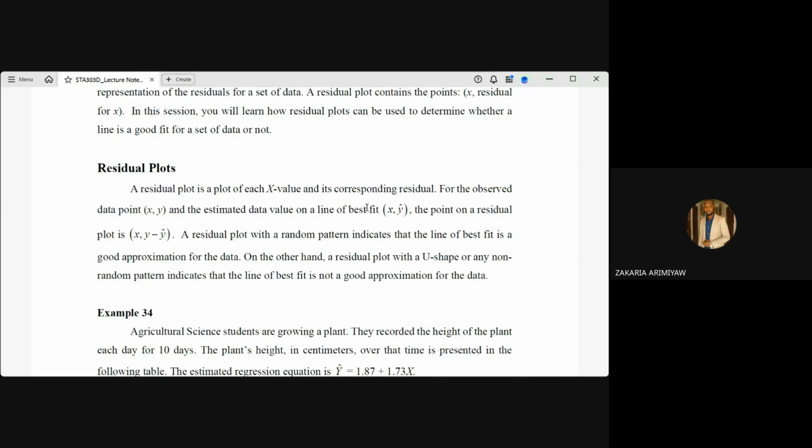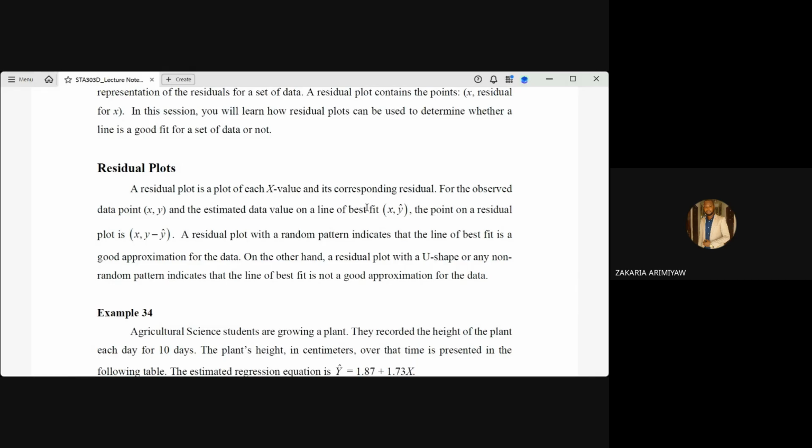The residual plot is just a graph of the residuals. We plot the residuals versus the values of the predictor variable, the x values. That graph is known as the residual plot.